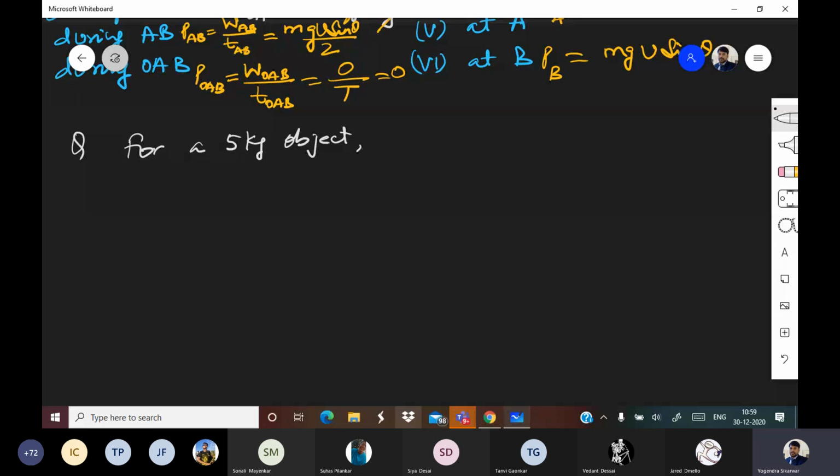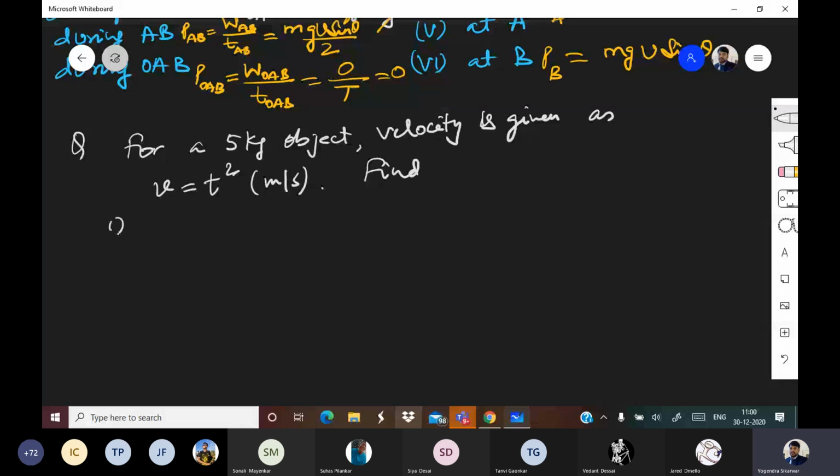So for a 5 kg object, velocity is given as v is equal to t square meter per second. Find number one, power delivered in 0 to 5 seconds.